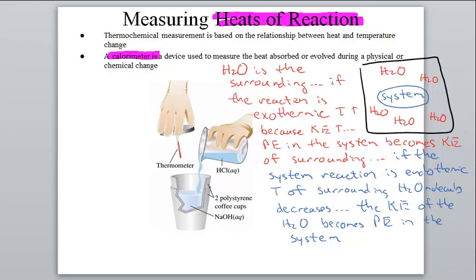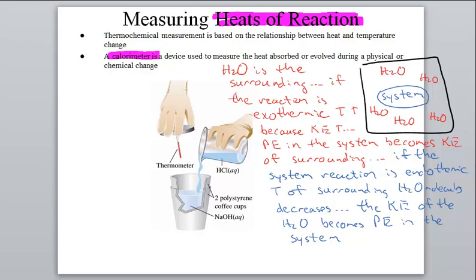In our experimental setup that we're going to do in the laboratory, that box that defines where our reaction's happening will be made of a material that doesn't conduct heat very well. So the energy that goes into or out of the system is coming from the water that surrounds the reactants and products.